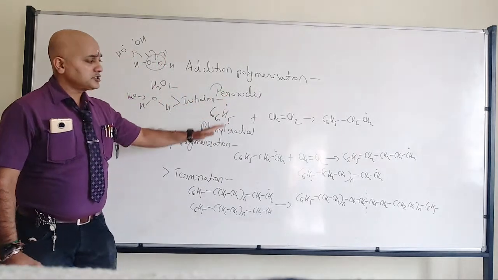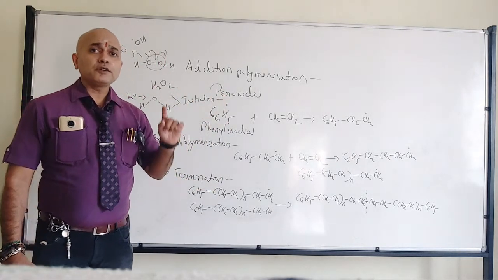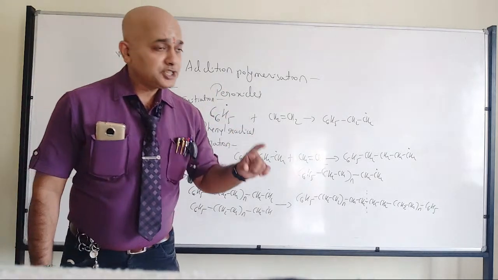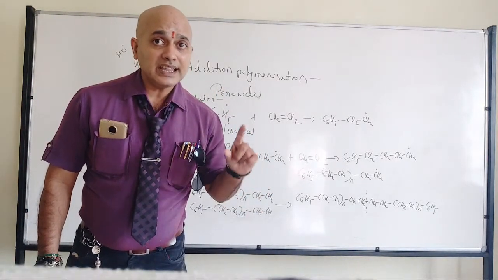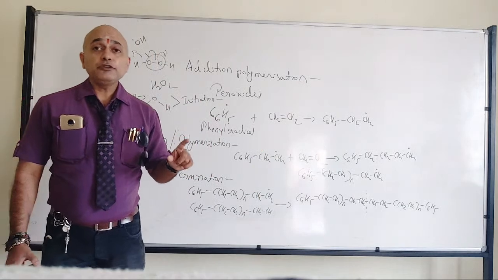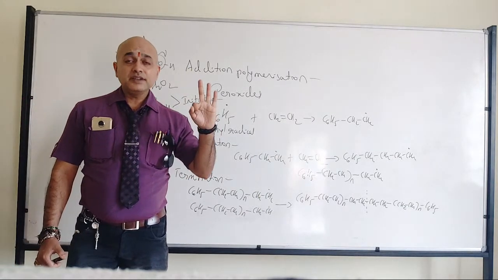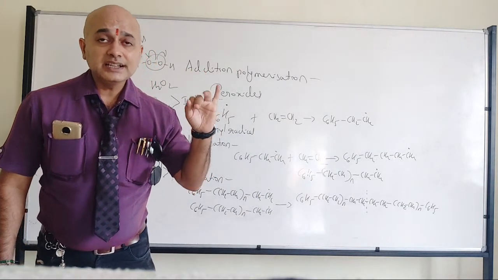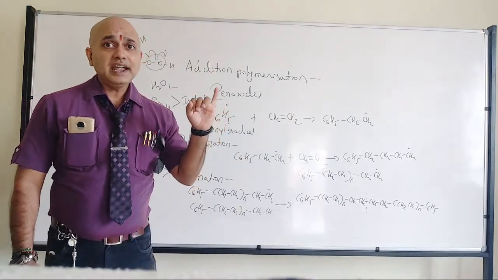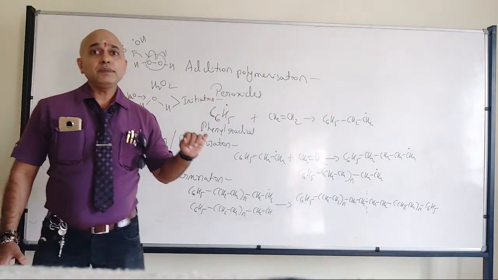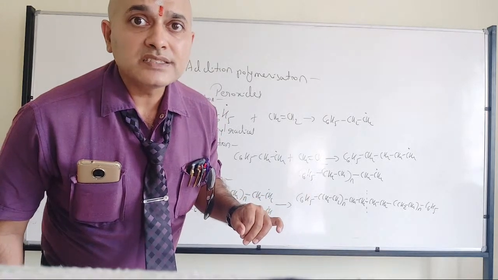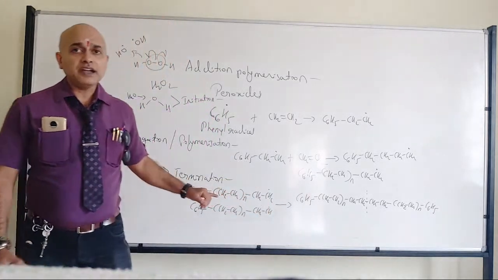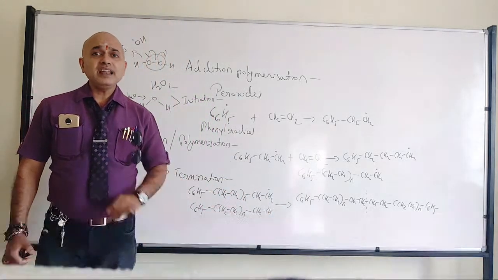Have all of you understood this mechanism? Please remember that addition polymerization will depend on radical formation, and due to that it will have three steps. First is initiation, second is elongation, and the last is termination. I have taken the example of benzoyl peroxide.